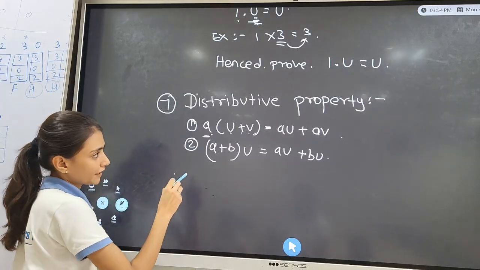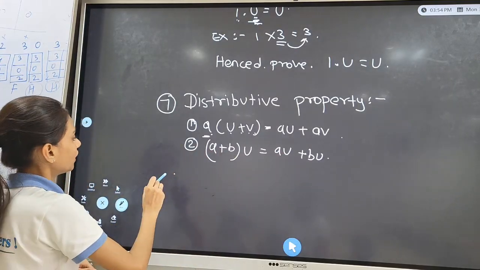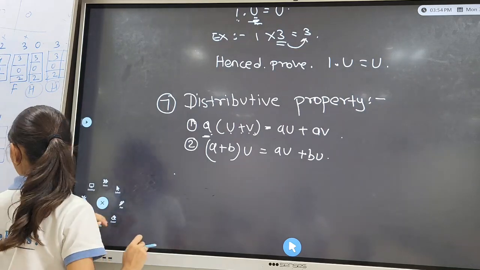It tells us how scalar multiplication works with addition. This is the seventh point.